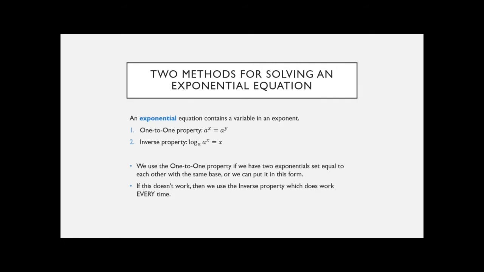The one-to-one property doesn't work all the time, but when you can use it, it's very easy. The inverse property works every time. So one is good and quick when you see it's in that form. Otherwise, you have to do the other method. I'm going to start with the one-to-one property. I've got lots of examples, and then I'll go into the inverse property.